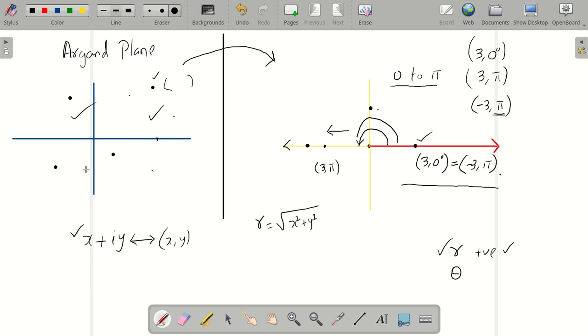And for those numbers which are in the fourth quadrant and the third quadrant, we make sure the angle lies between 0 and minus 180. So I hope now you know why we keep r positive and theta between minus pi and pi.